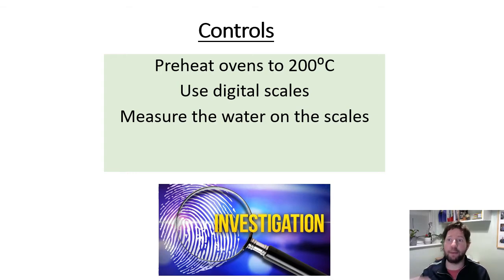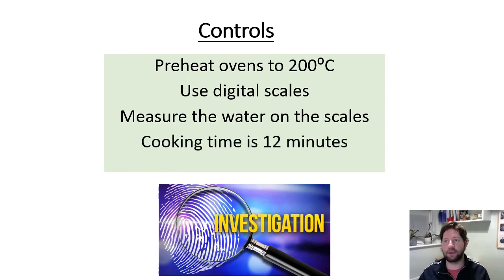So everything's being measured, everything's being weighed, so it's all controlled. There's no room for bias whatsoever. It's all a fair test. And the cooking time, as you'll see in the experiment, was 12 minutes. So these were my controls to make sure it was a fair test, to make sure everything was the same, and that if it was to be done again, the same outcome would appear.